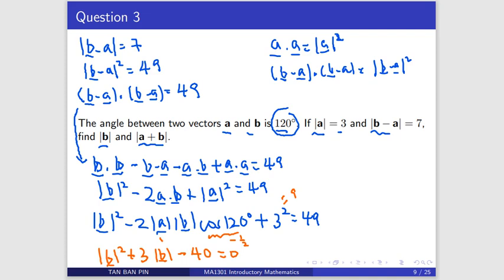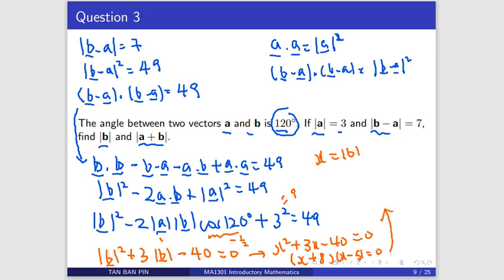You can view this equation by thinking of x as the magnitude of B. Then this will be just x squared plus 3x minus 40 equals 0. Then you just factorize to solve for x. You should have (x plus 8)(x minus 5) equals 0.